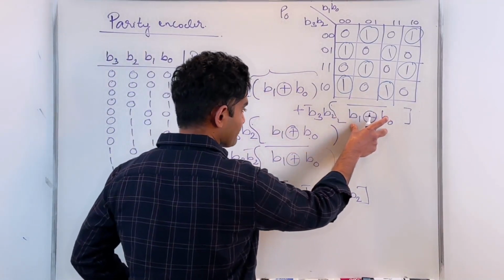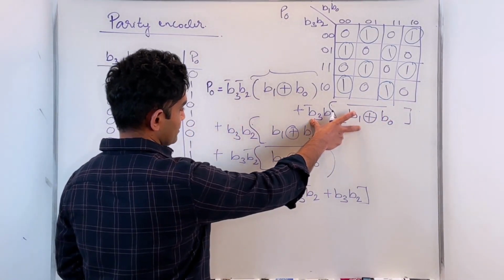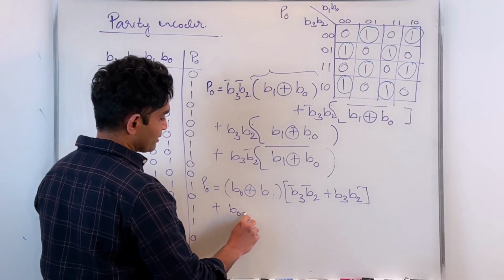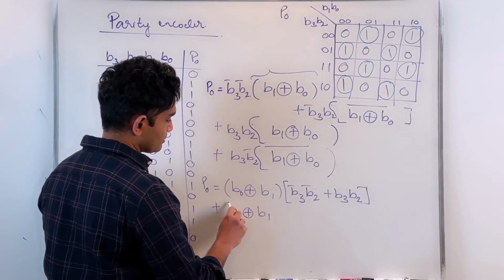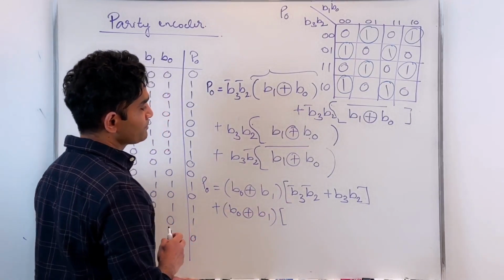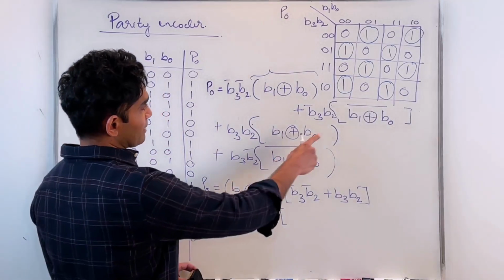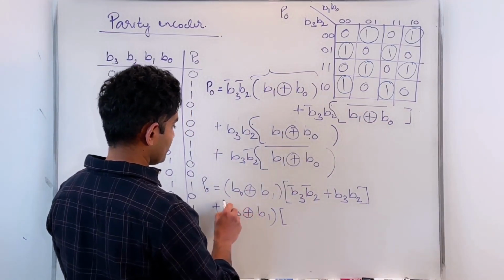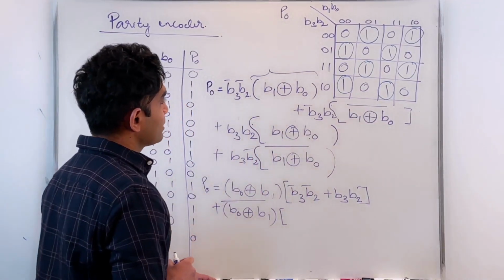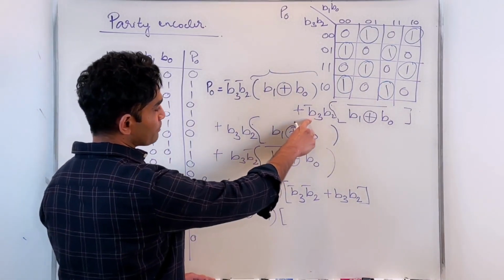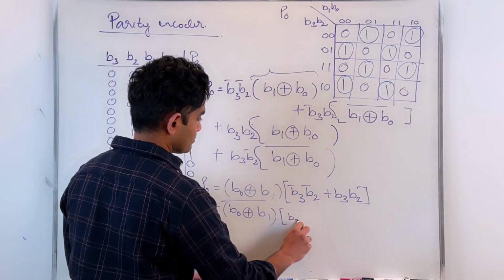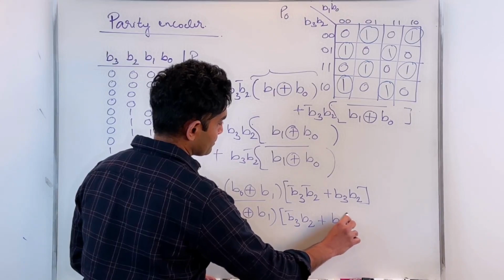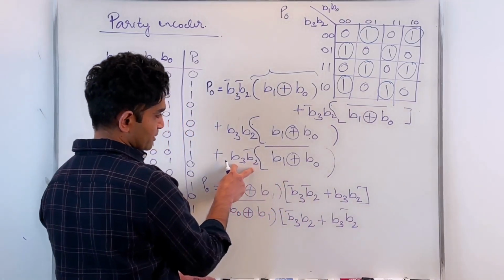I take this as a common factor between this expression and this expression, and I will get B0 exclusive OR B1 times, what do I have? I'm sorry, that's B1 B0 exclusive NOR. I took that as a common factor, and then I have B3 prime B2 or B3 B2 prime from this expression.